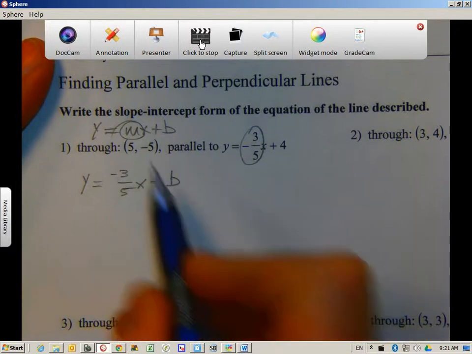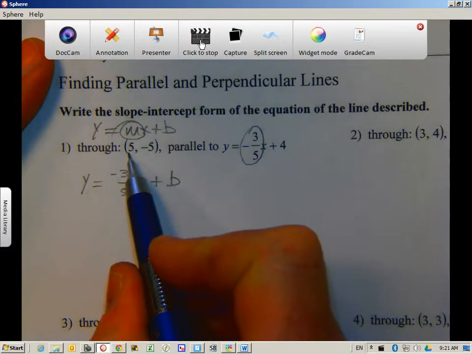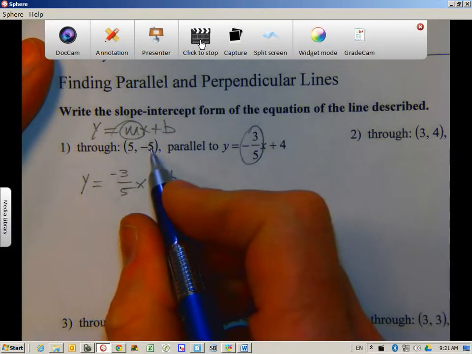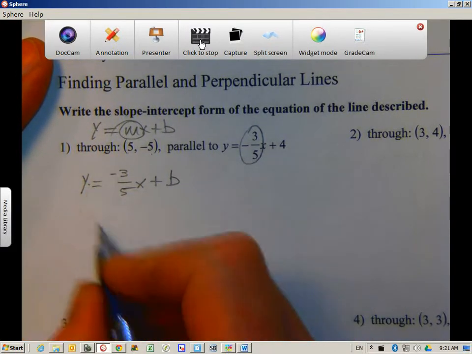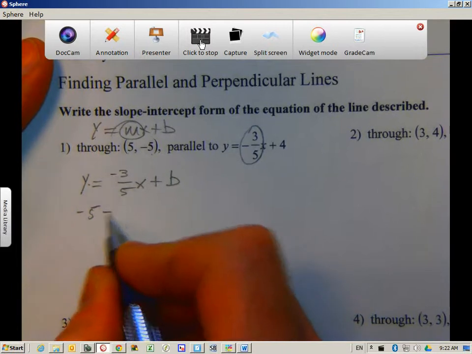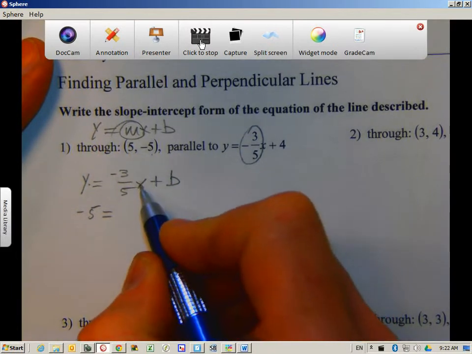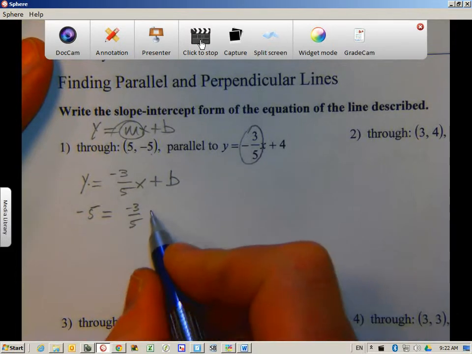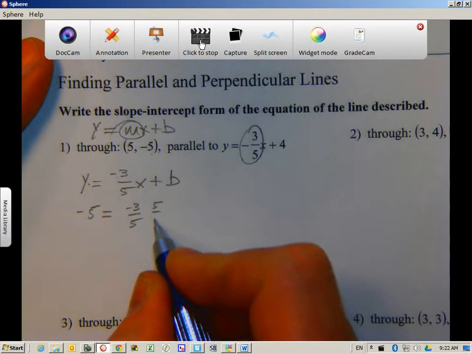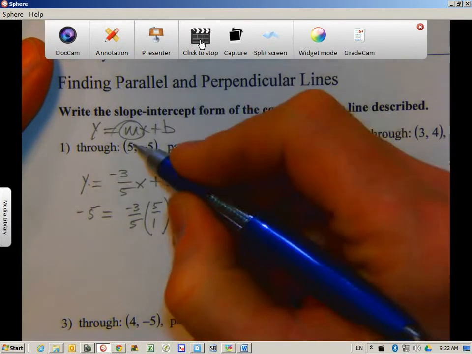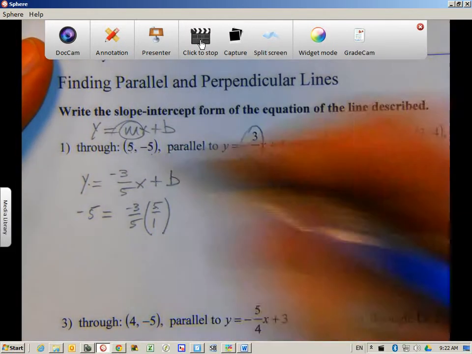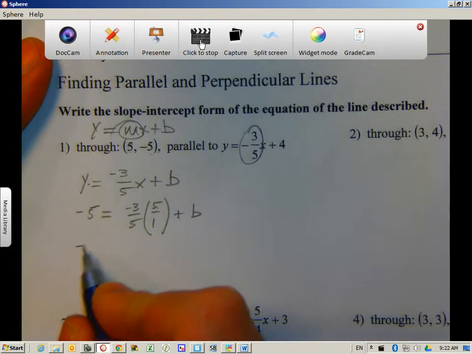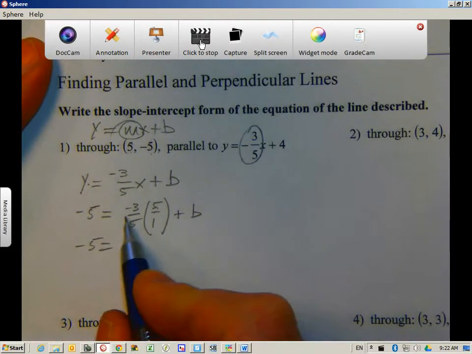So the way we can do that is we can simply plug in this x and this y into this equation. So if I take this y and put it in here, I get negative 5 equals, and I'm going to put this 5 in for x, negative 3 over 5, and I'm going to write this as 5 over 1 so I can really see. That is my x. It's 5 or 5 over 1 plus b. Alright, so I have negative 5 here. I'm going to multiply this through.